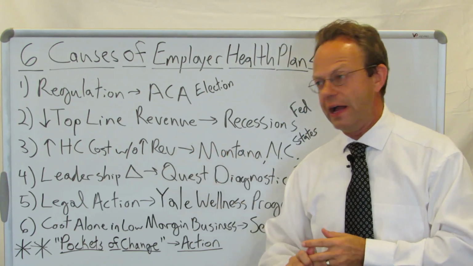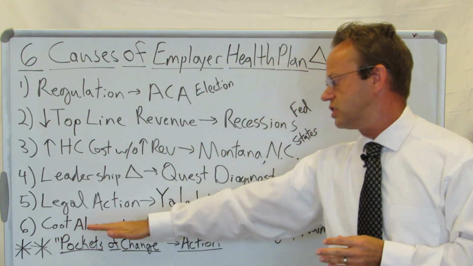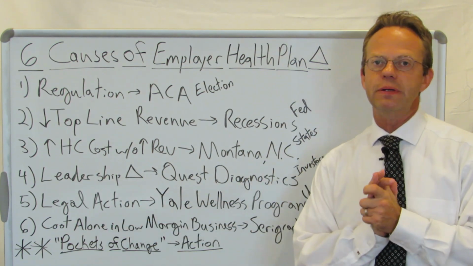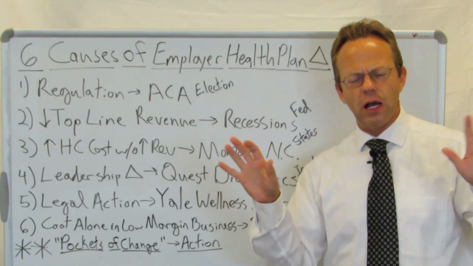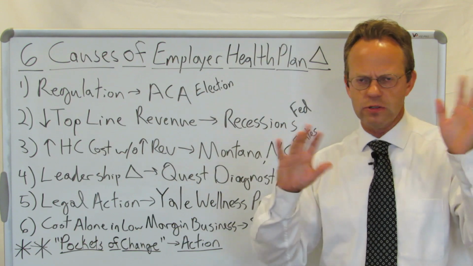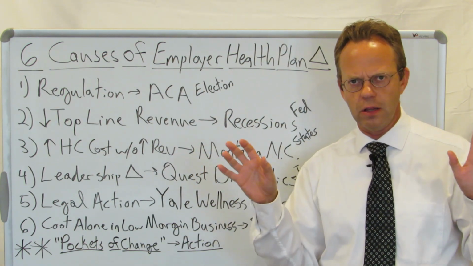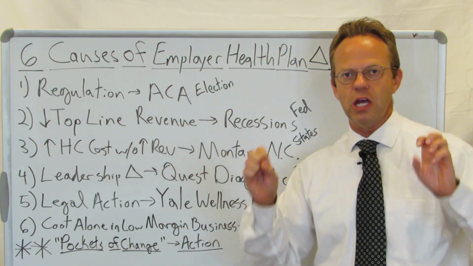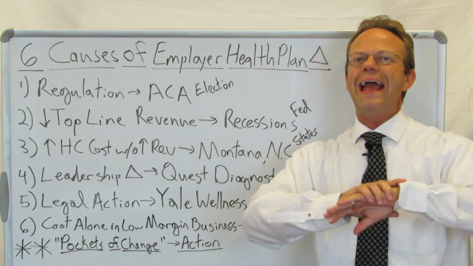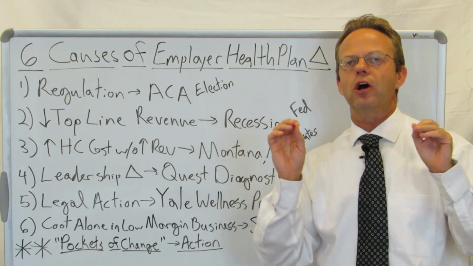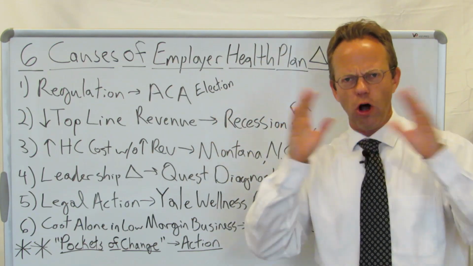Okay, now finally, we have cost alone in a low margin business. So if you go to a healthcare services conference where people sell various health insurance or healthcare services, products, etc., everyone's lower cost, lower cost, lower cost. It's what everybody says. Okay, but lower cost alone doesn't cause change to happen.